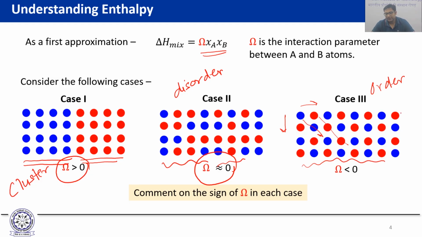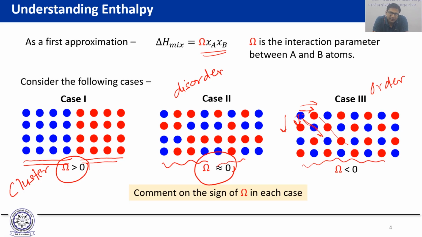The third case is where you have got a very properly defined order. And so basically what's happening is the red and the blue atoms are interacting. So if you look at the nearest neighbors, so that is not along the diagonal but along the x-axis or along the y-axis, you will see that the two nearest neighbors are going to be atoms which are not alike.